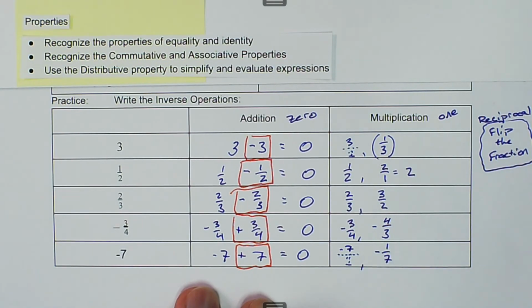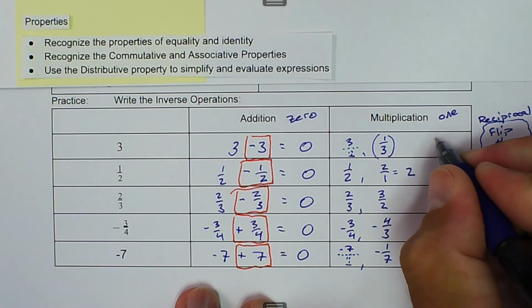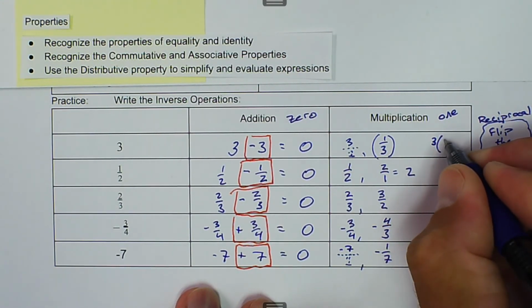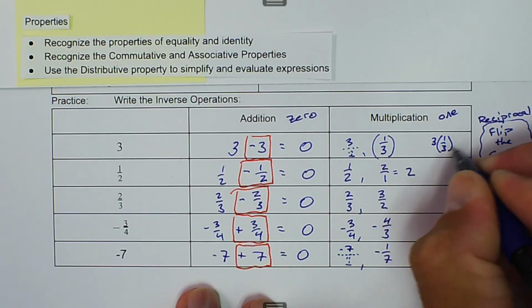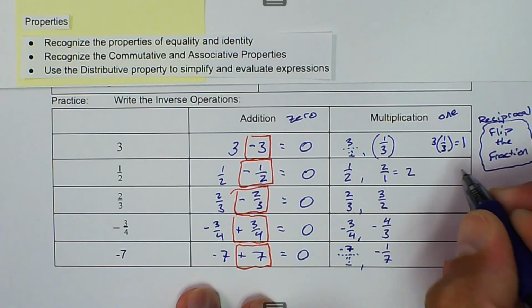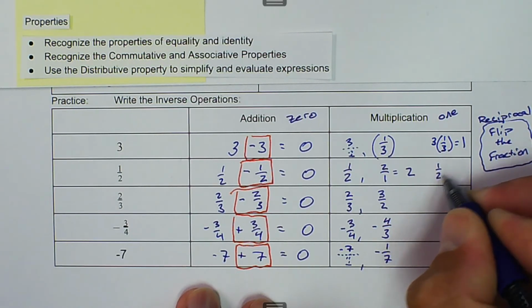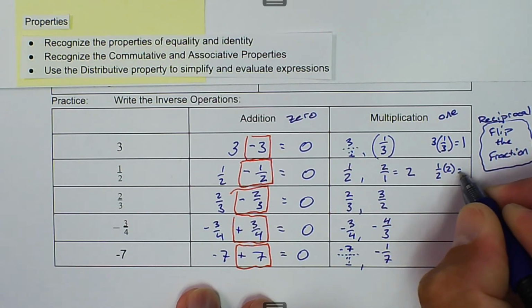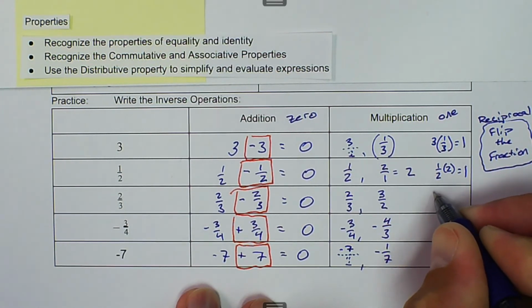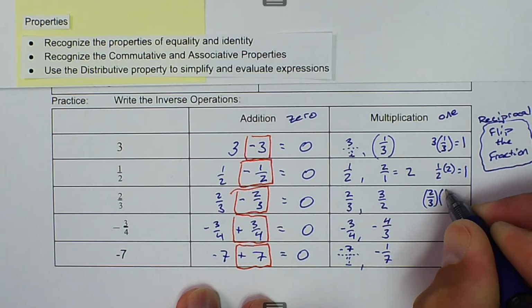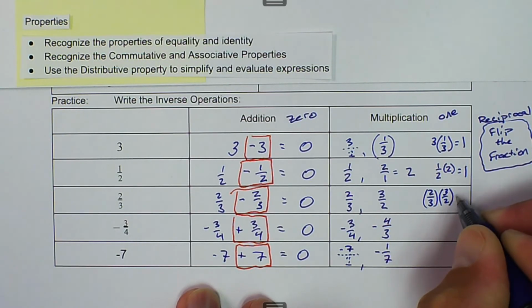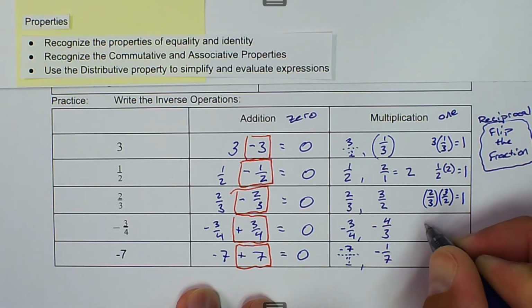Now when we do multiplication, if we did 3 times 1/3, that's equal to 1. If we did 1/2 times 2, that is equal to 1. If we did 2/3 times 3/2, that is equal to 1.